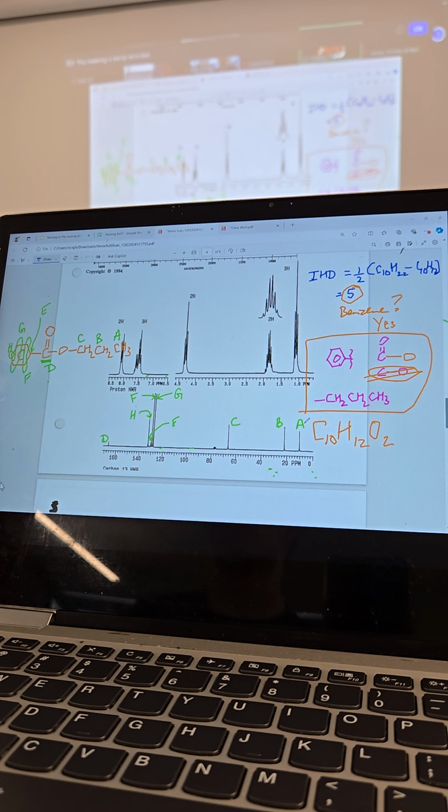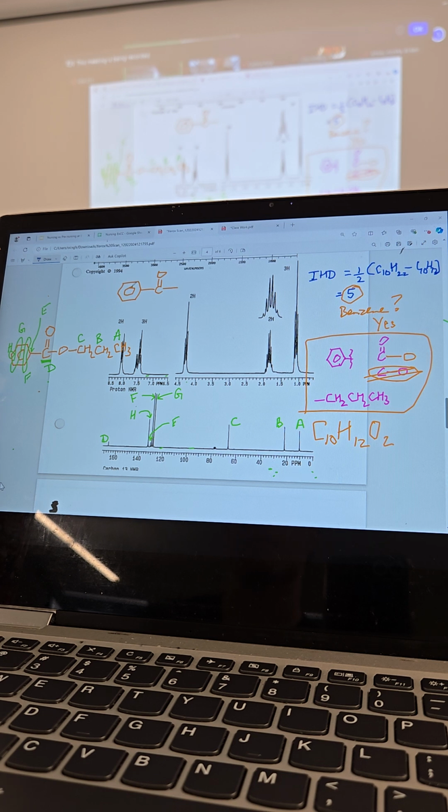In the H NMR, the H part of the benzene ring is less deshielded, whereas in the C NMR, the H part of the benzene ring is more deshielded because it's further over. So I find that confusing.